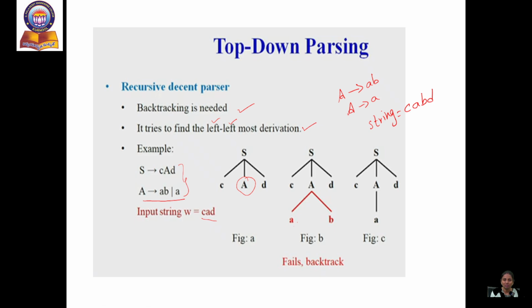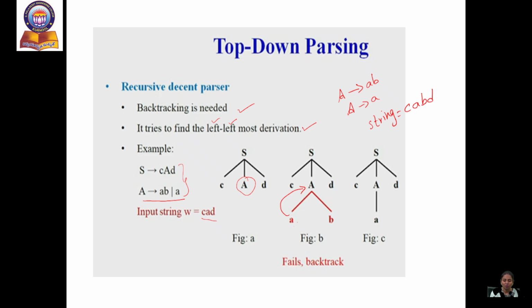In such cases, what the recursive descent parser does is backtrack one step previous. Backtracking is nothing but moving backward, moving from the current position to the previous position by one step.